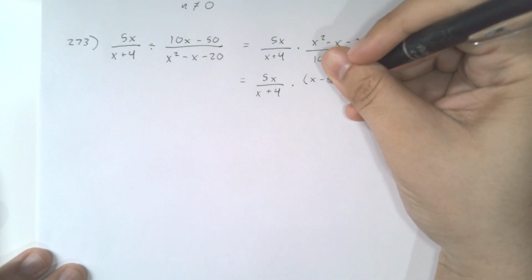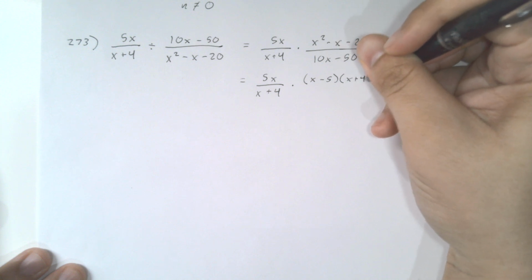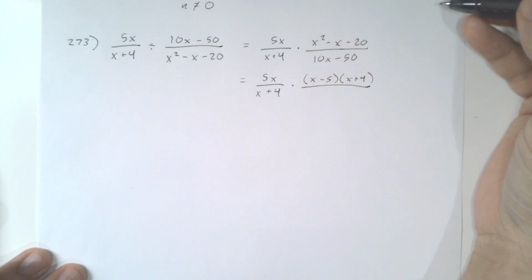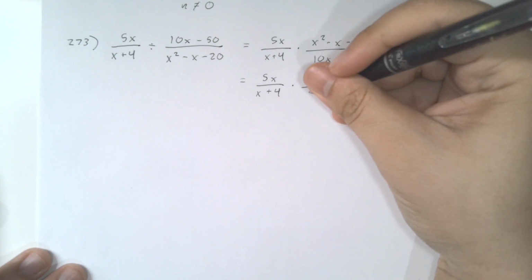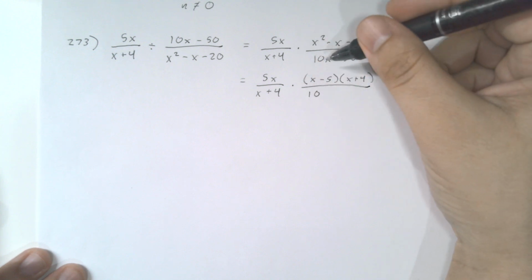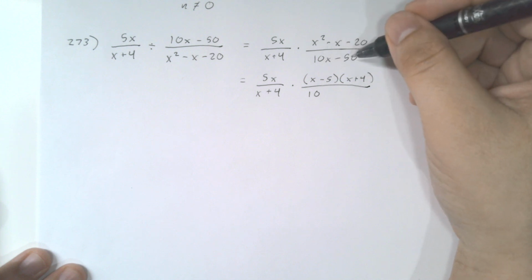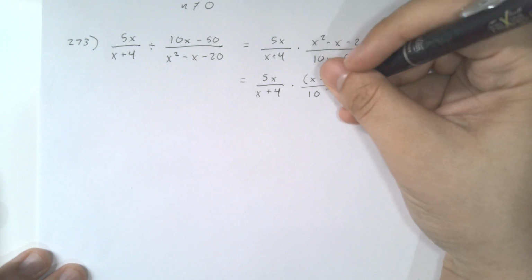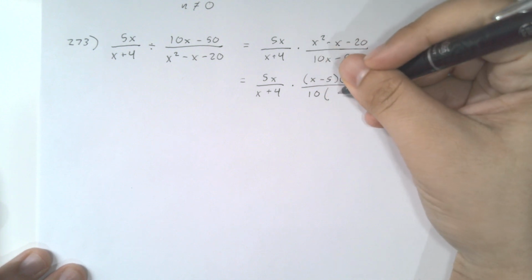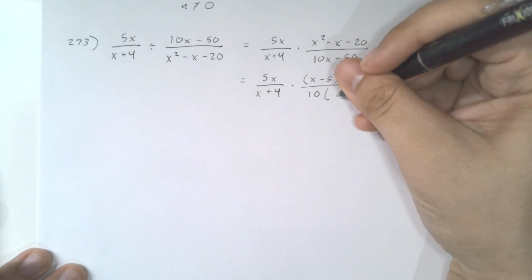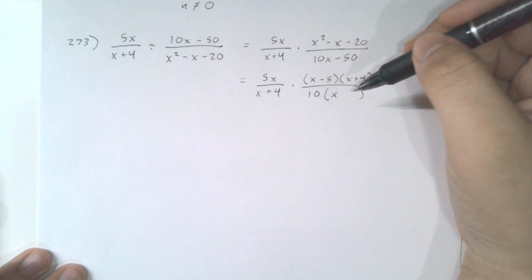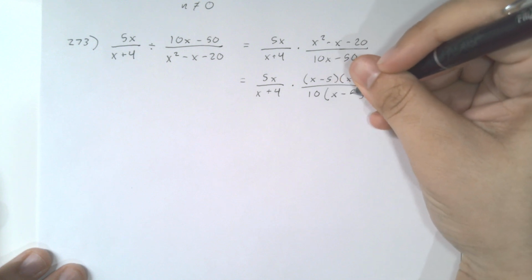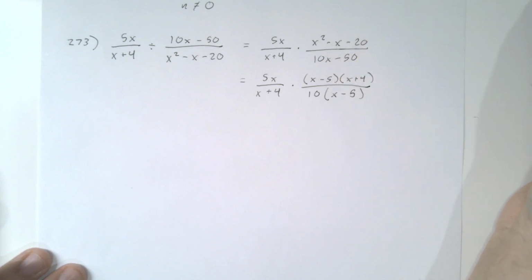So x minus 5 times x plus 4. And then we find the greatest common factor between 10 and 50, which is 10. And we can't factor out an x because we don't have an x next to the 50. So 10 times what gives us 10x? That would be x. And then 10 times what gives us negative 50? That would be minus 5.